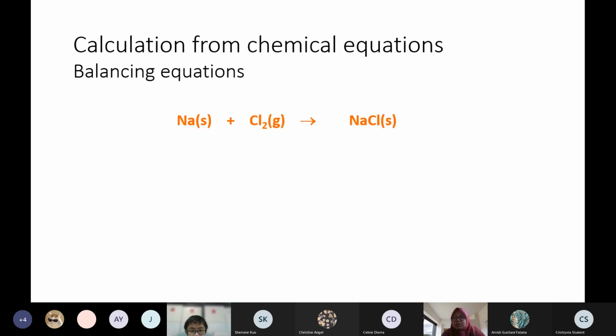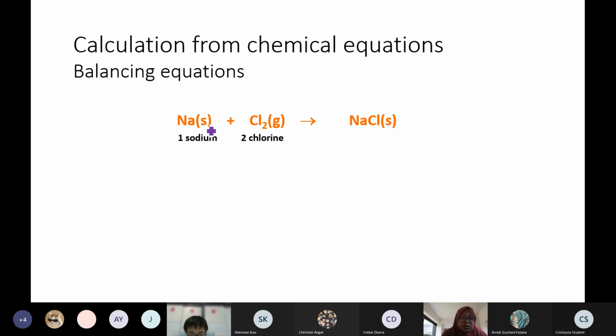Balancing equations. This is the chemical reaction between sodium and chlorine gas. The product is sodium chloride, which we can eat.